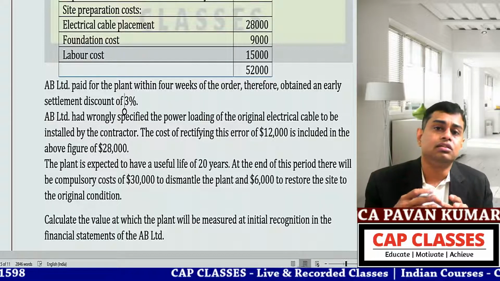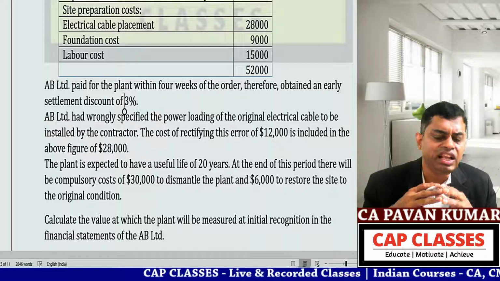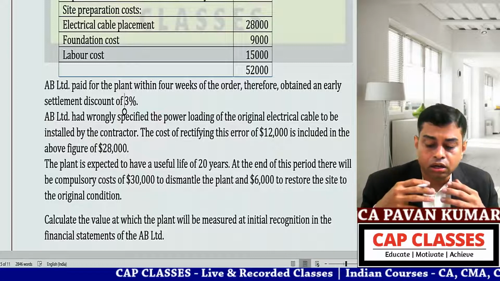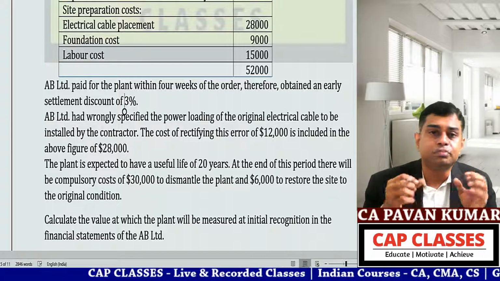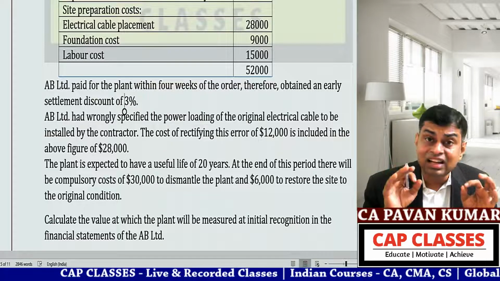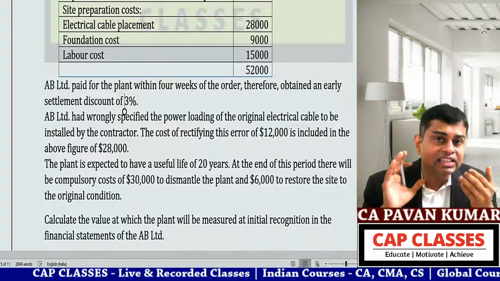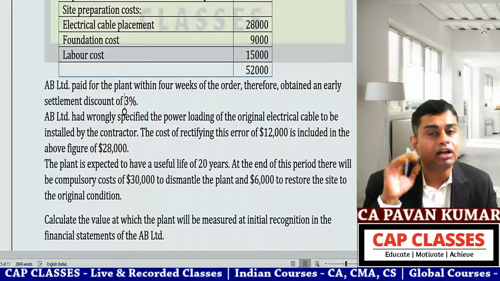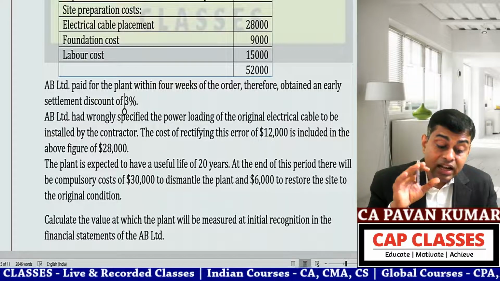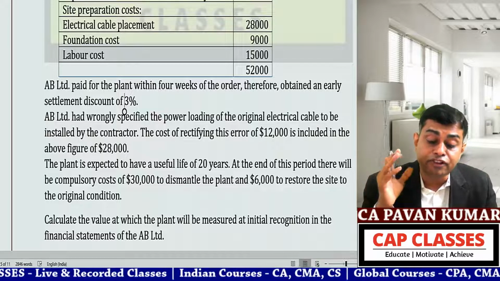Because of this some cost is incurred. That cannot be included in the asset. That should be a loss. Charge it to P&L.